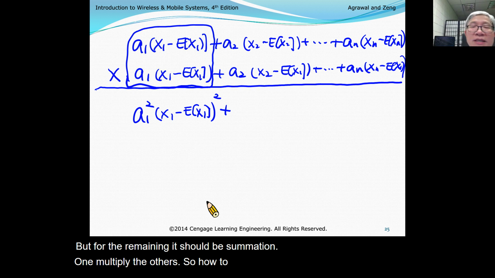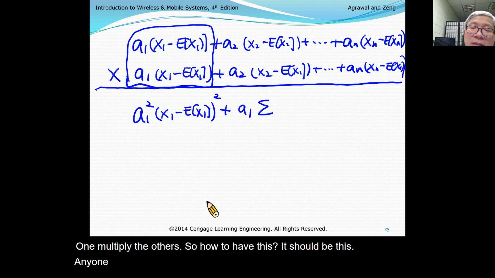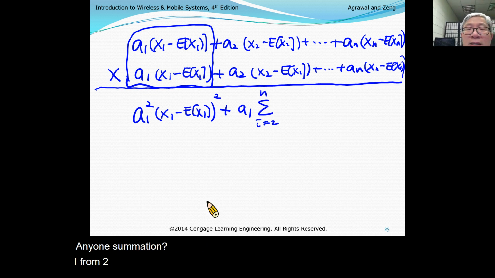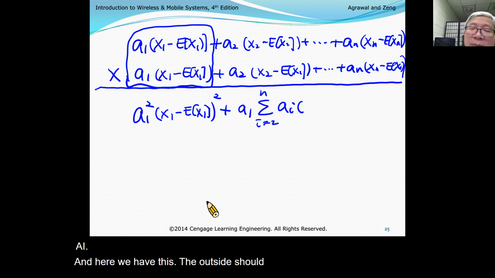It should be this. A1 summation, i from 2 to n, Ai. And here we have these. The outside should be, or maybe I can write it inside, X1 itself.